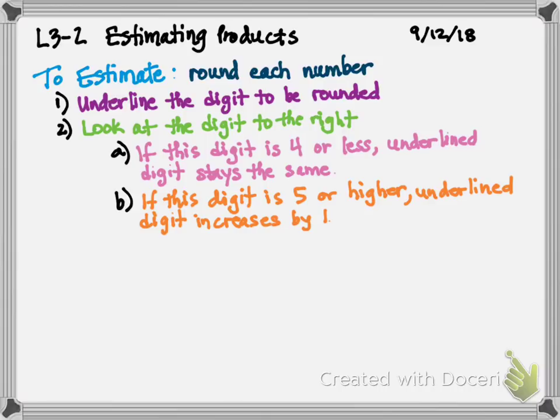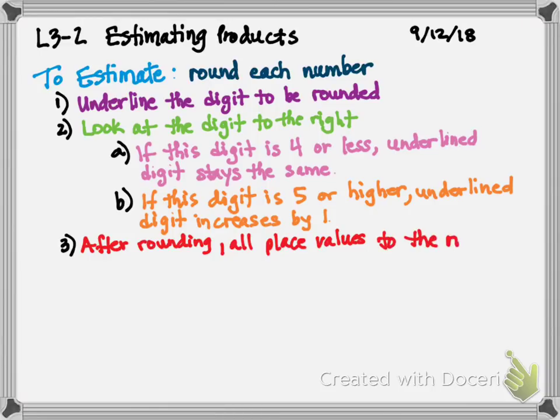And then the other thing to remember is after rounding, all place values to the right of the underlined digit will have a value of 0.